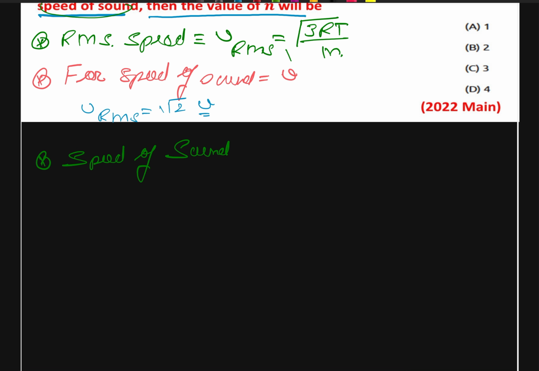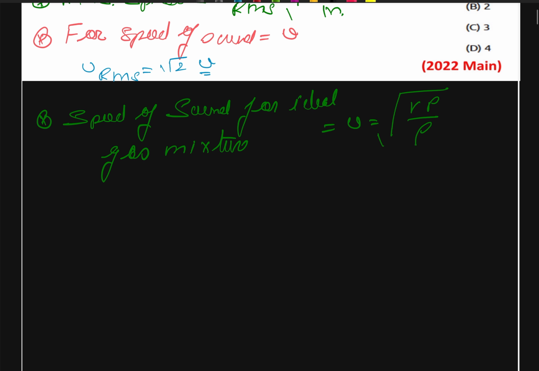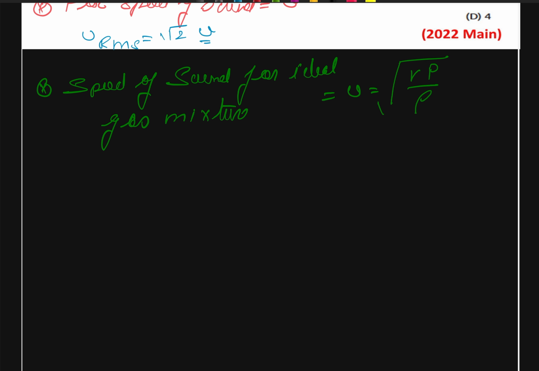Speed of sound for an ideal gas mixture, which we denote as V, will be equal to square root of gamma P upon rho. Here gamma is the adiabatic index, P is the pressure, and rho is our density.